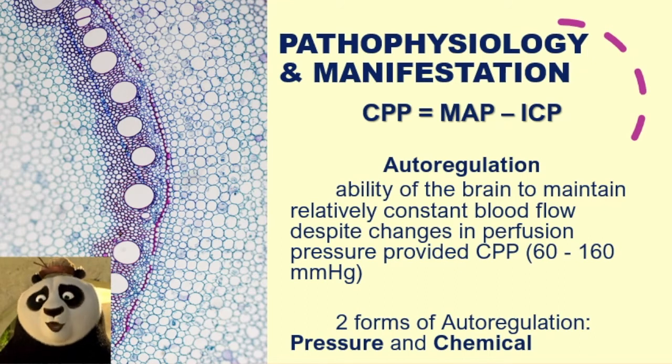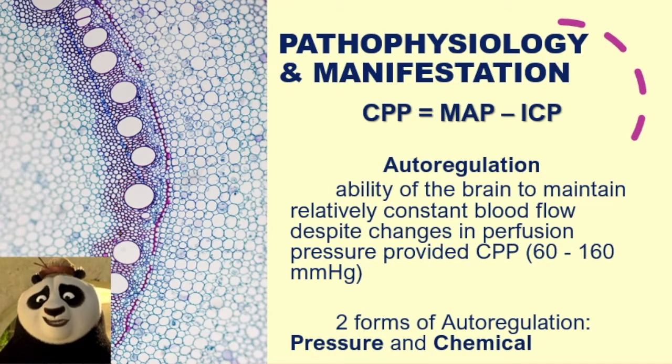Once your intracranial pressure is increased, the blood pumped by the heart will have a hard time to reach your brain. Once your intracranial pressure is increased, your cerebral perfusion pressure will be decreased, because your intracranial pressure is a pressure against the amount of blood that can come inside your brain.